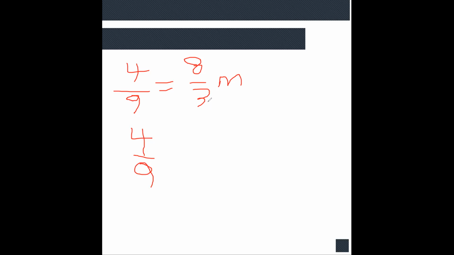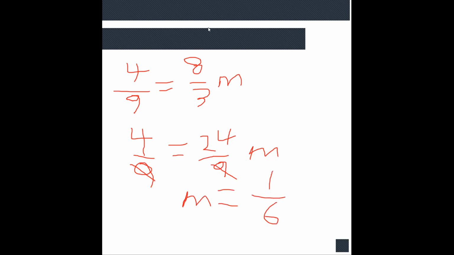If it's 8/3, then if I multiply the top and bottom by 3, I'll get 24/9. And 4 is equal to 24 times something, because the 9s would cancel at this point, right? 4 is 1/6 of 24, or 24 divided by 6 gives you 4. Therefore, m is 1/6. So those are 3 ways to get the answer.